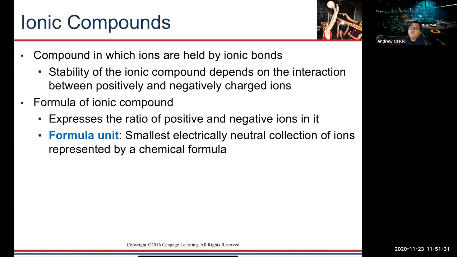So we can't really say molecule of an ionic compound, because they don't exist as a molecule. They're ions held together by electrostatic forces, and not really a sharing of electrons. So that's why we call it a formula unit. That's the smallest representation of an ionic compound.